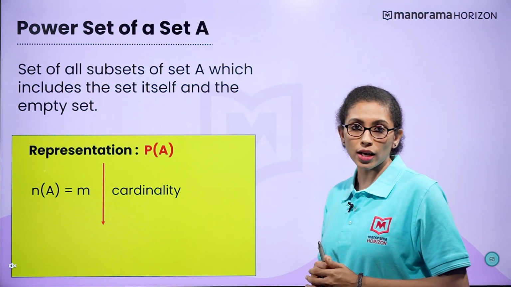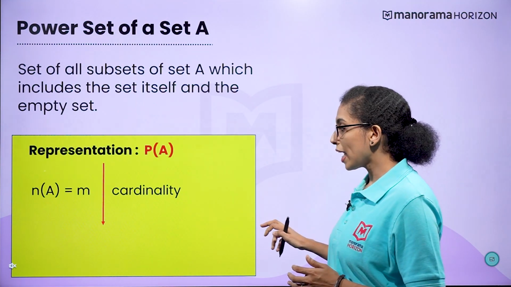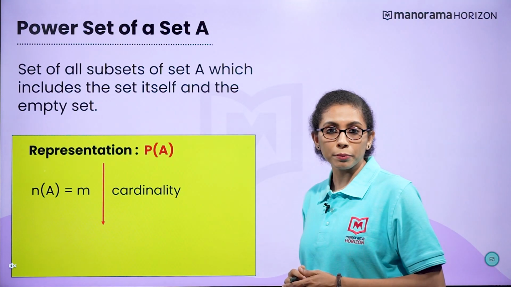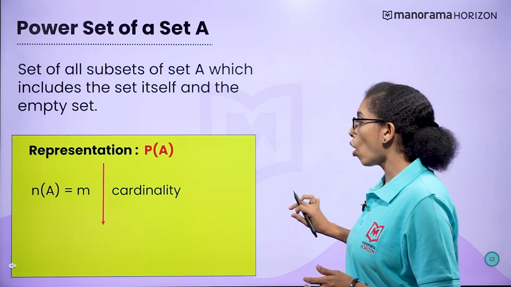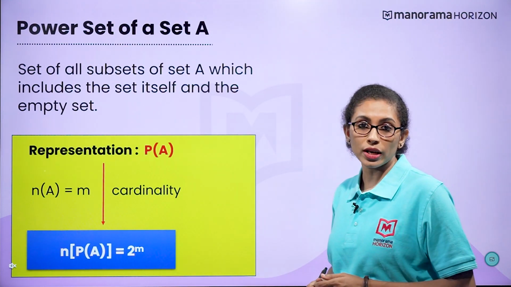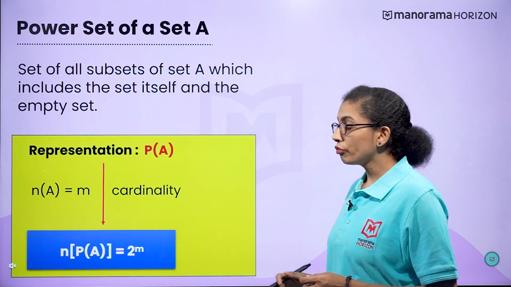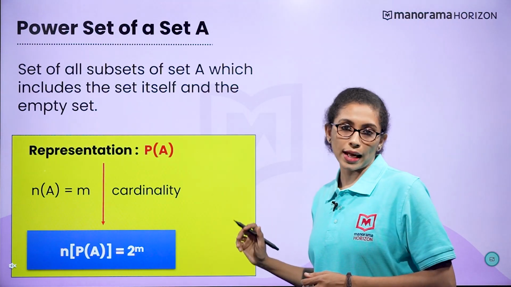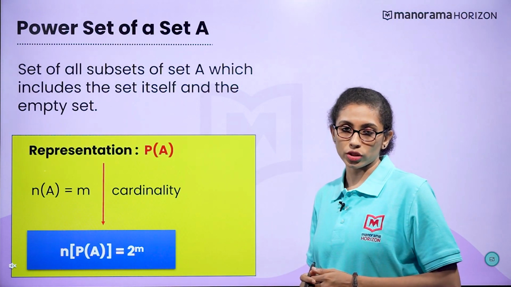Now what about its cardinality? If set A has m elements, then n(A) is equal to m. Then the cardinality of the power set is given by n(P(A)) is equal to 2 raised to m. This is a very important equation.